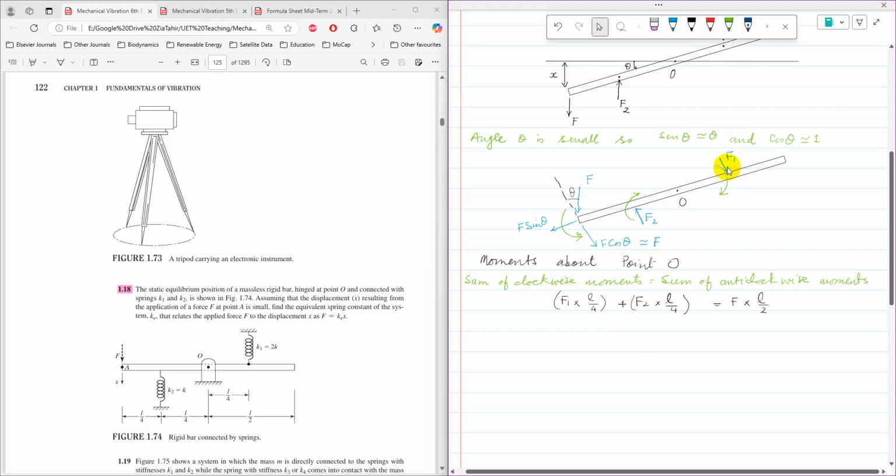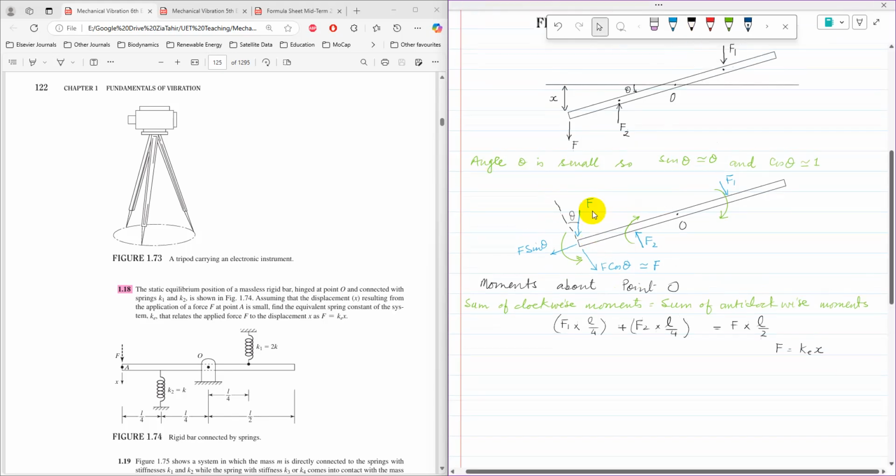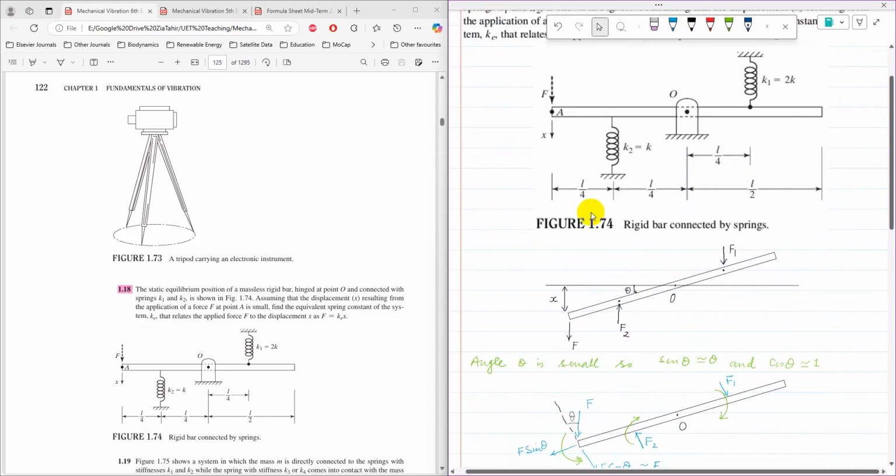Now the moments will be F1 times L by 4 plus F2 times L by 4, and that is equal to F times L by 2. Now this force F is simply given in the question as KeX, and these forces F1 and F2 we find using Hooke's law, F is equal to Kx.